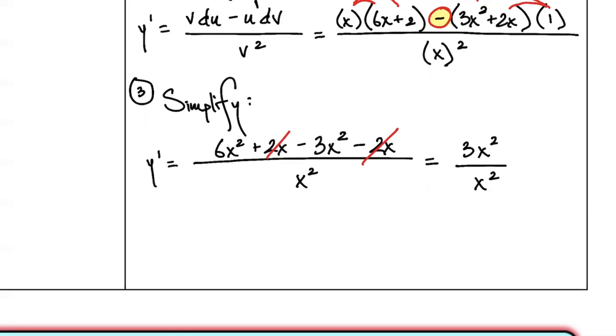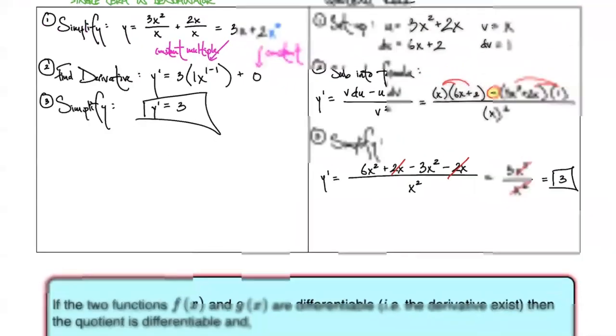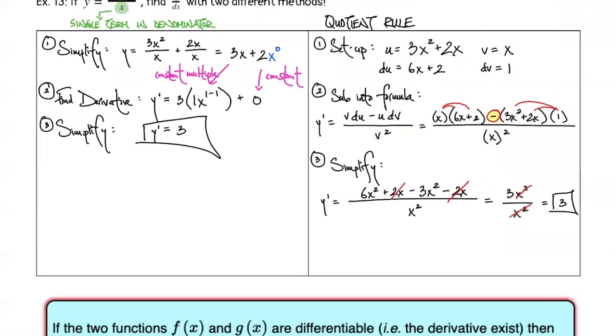I can reduce that even more and I'll get 3. And when we compare our two rules, we've done one where we simplify first and then take our derivative, and then we have one where we just jump right into the derivative. We end up with the same exact answer. Okay.